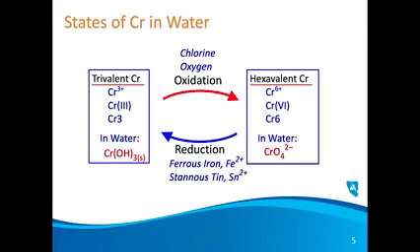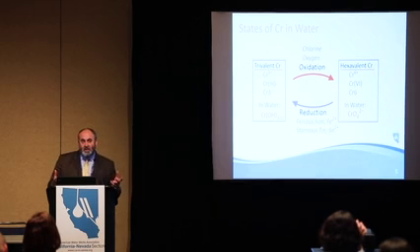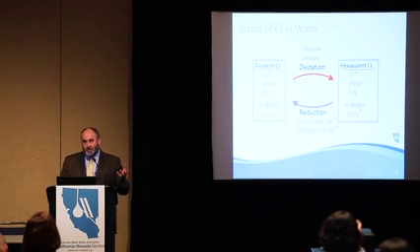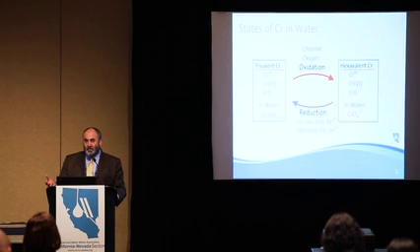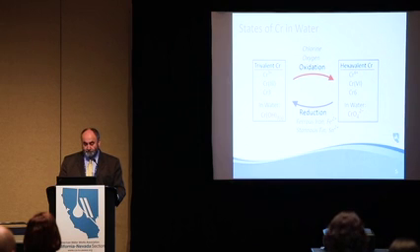You see it expressed as Cr6+ or Cr Roman numeral 6. But in water, it is pretty much CrO4 2-. So we have two states of chromium. In its reduced form, it is a solid precipitate. In its oxidized form, it's a dissolved, negatively charged ion. Okay?